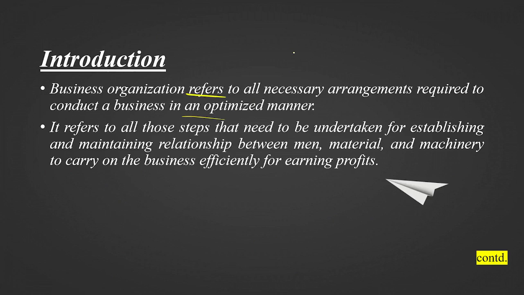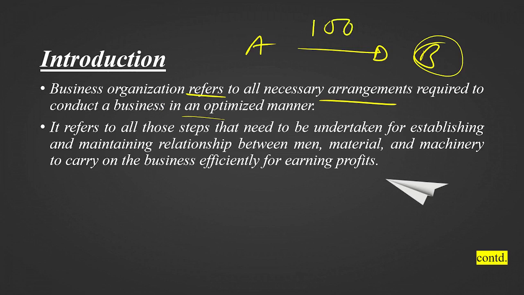So when I tell you, if you want to go from point A to point B, that is exactly what I said. What are the arrangements required to go from point A to point B properly? If you have to go 100 kilometers, you will never say, I will go walking. Correct? You will always say, I will go by bus or train or car or scooter, by any motorized vehicle.